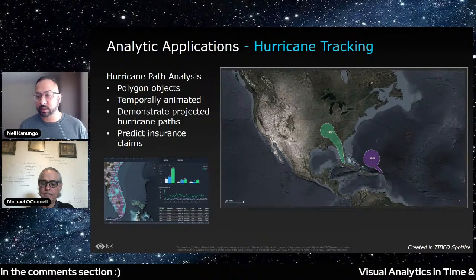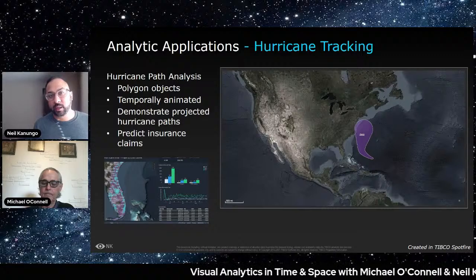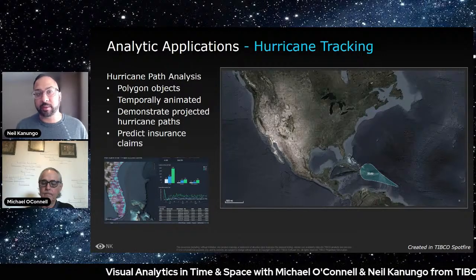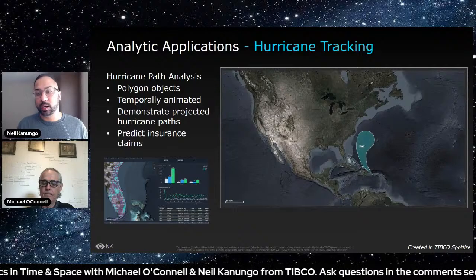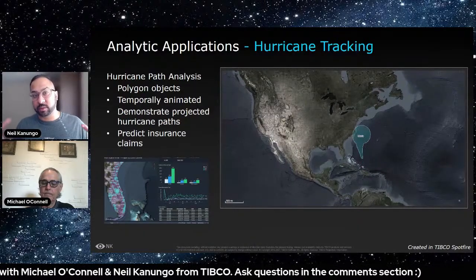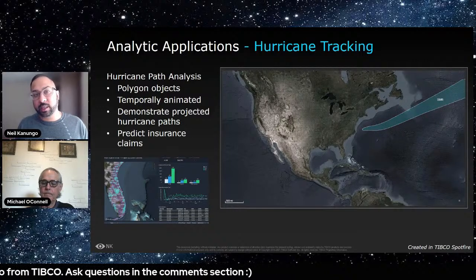So we can see a hurricane coming in, and by the strength of that hurricane, we can actually predict how much damage that's going to do and how many claims are going to come through. And so that's an example of both the spatial component of the hurricane coming in and the temporal component of making that prediction.